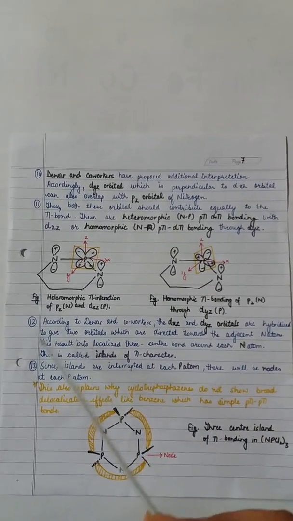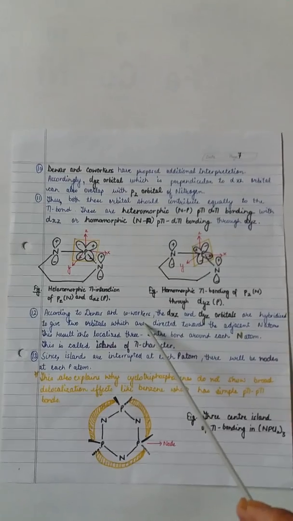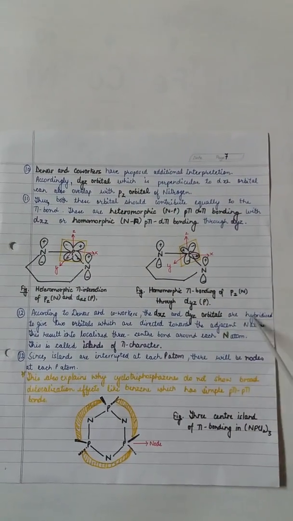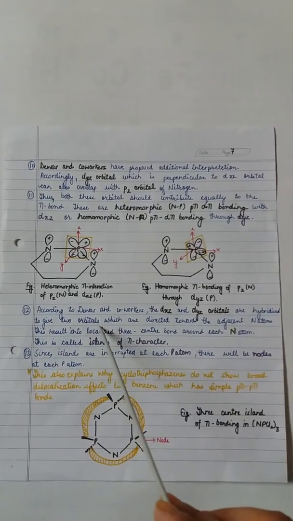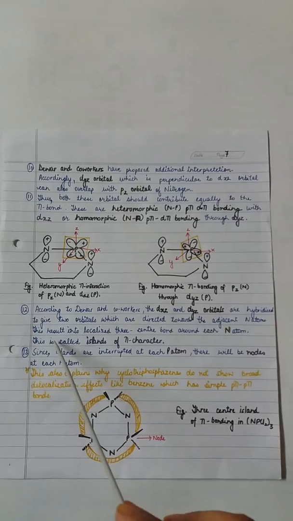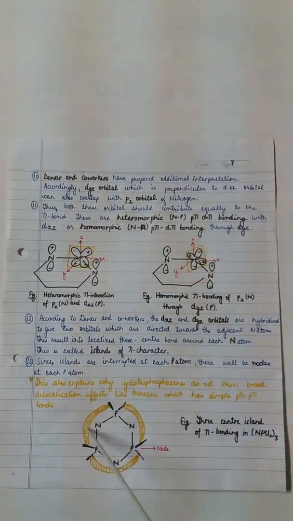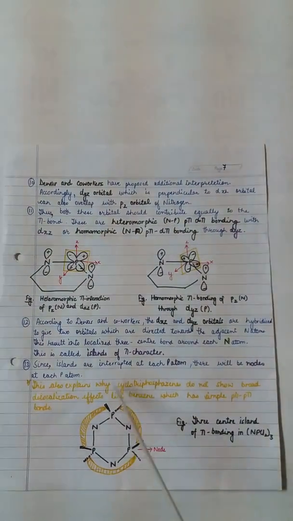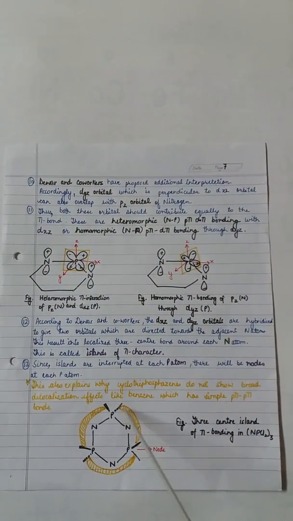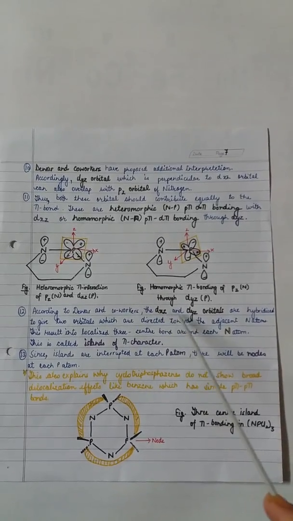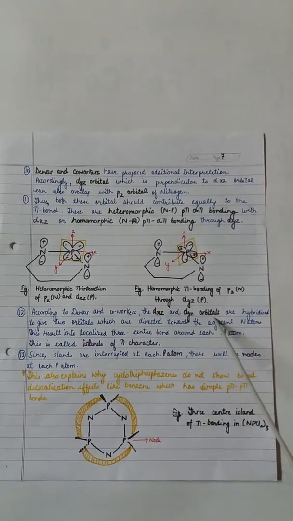What other thing Dewar and co-workers suggested is that the dxz and dyz orbitals are hybridized to give two orbitals which are directed towards the adjacent nitrogen atoms. So they said that from this side and from this phosphorus also, these dxz and dyz orbitals are hybridized.